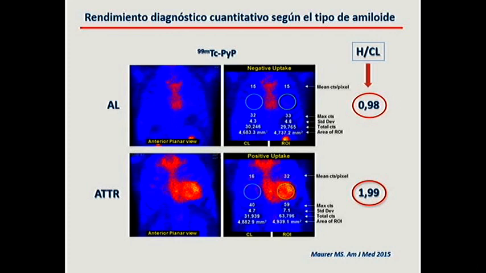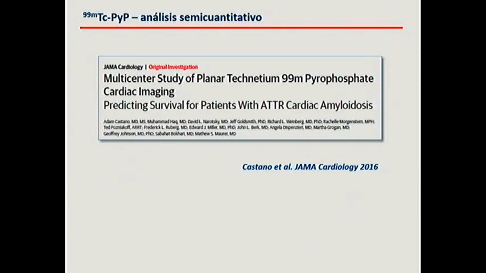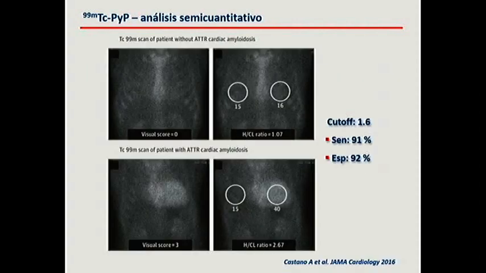We can quantify this as well in relation to the contralateral side, and we have this relation and it's higher than 1.5. Myocardial uptake is highly specific for ATTR. This study by Castaño is very complete.